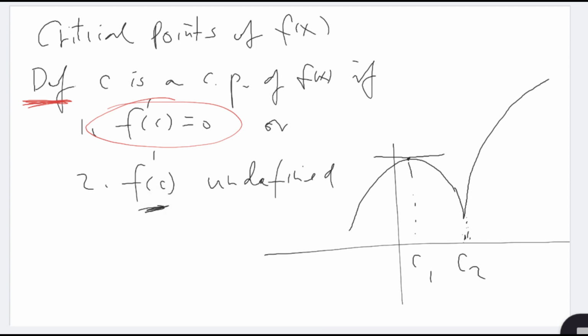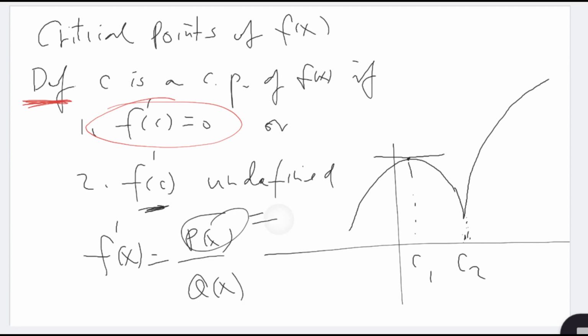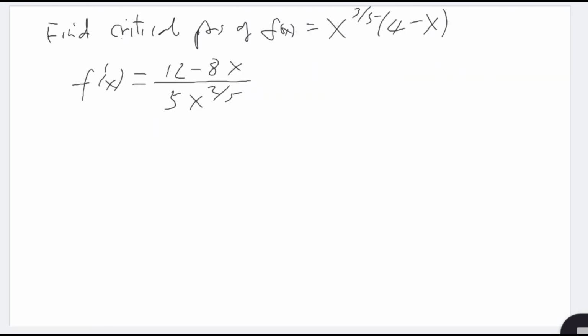So if your f prime is a fraction, like p of x over q, then when you set p equal to 0, you get the first type of critical points. And you set the bottom to 0, you get the second type of critical points, because if the denominator is 0, the derivative is not defined. All right? Don't need to do anything else. So all from the derivative.